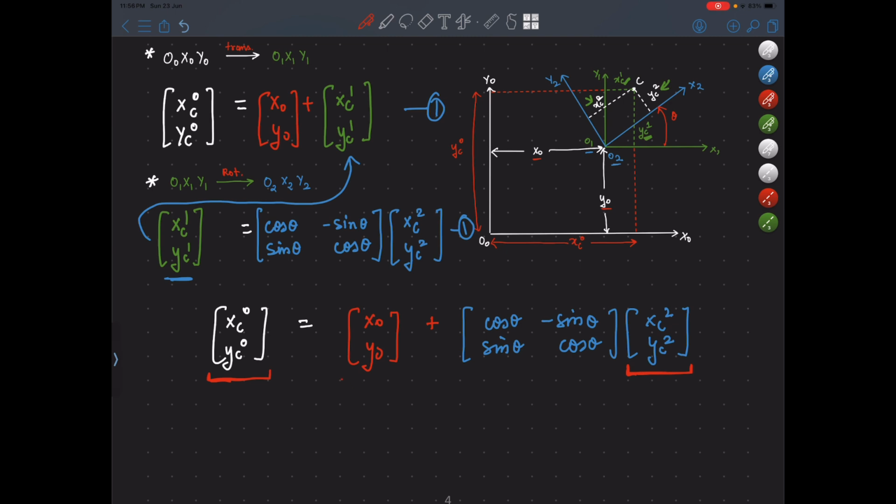Okay, so this part here shows translation, right? And this part here is rotation. And if you combine them, this whole thing is translation and rotation.